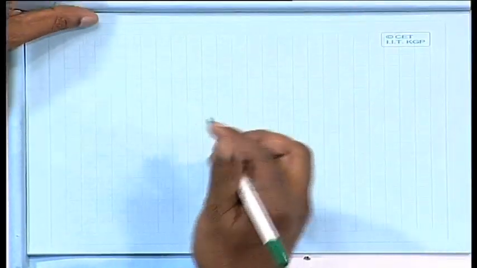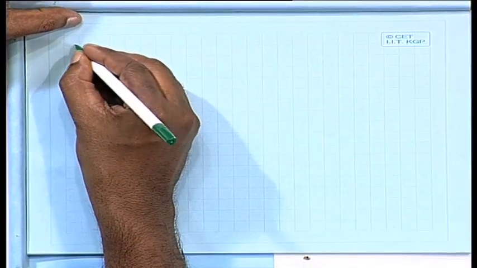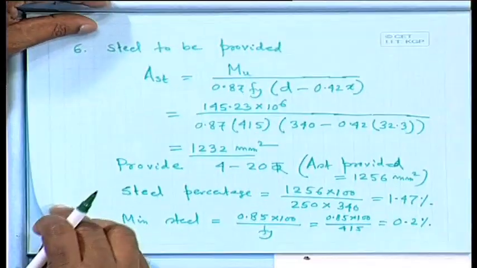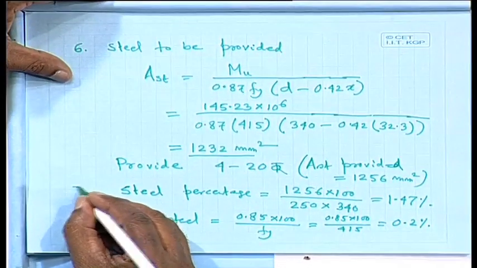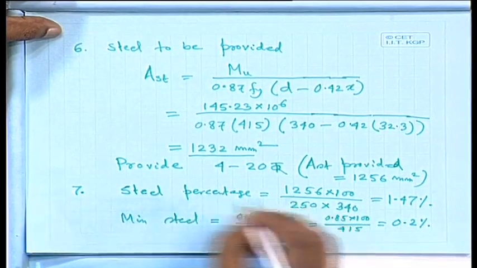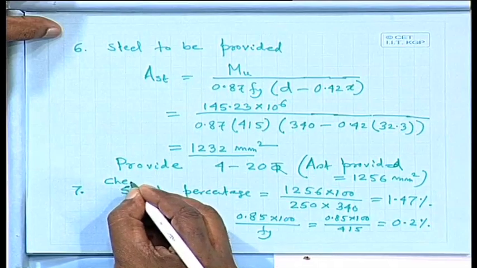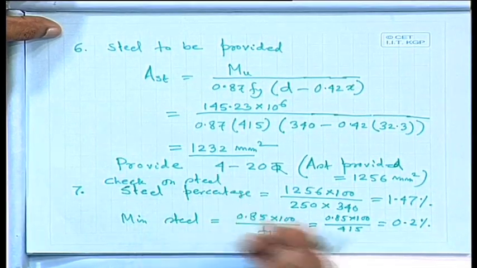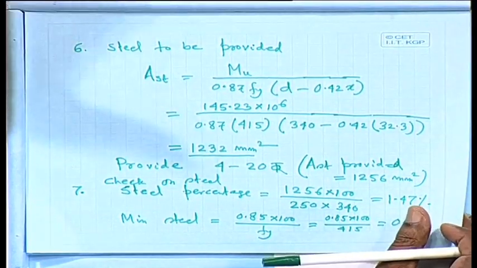What about the shear reinforcement? I think this one we can take as a check. Let us take this one as a check. So, number 7, check on the steel, that how much you are providing and whether it is permissible, whether it is within the limit.